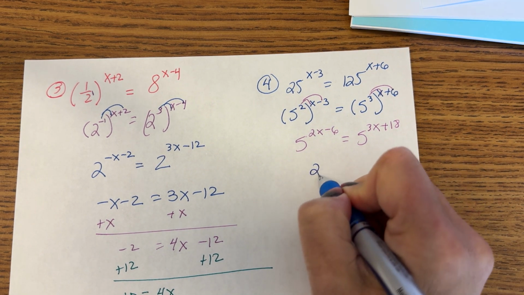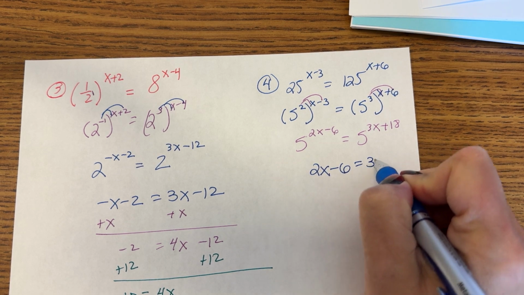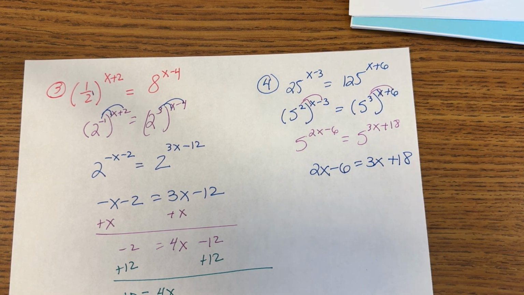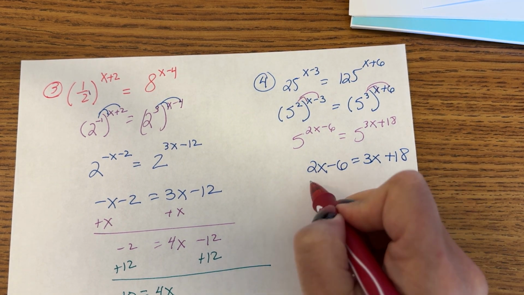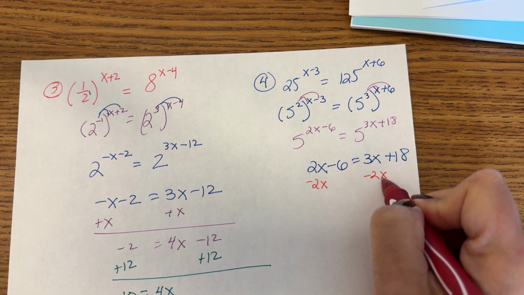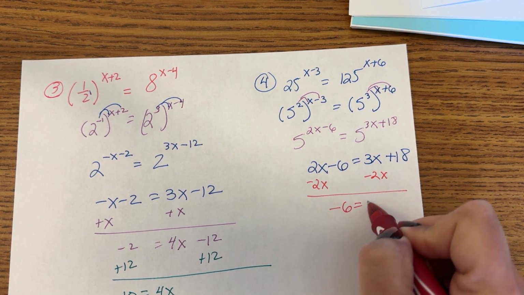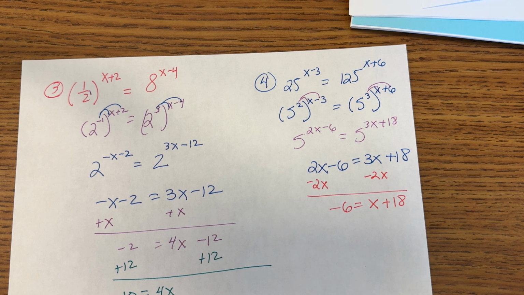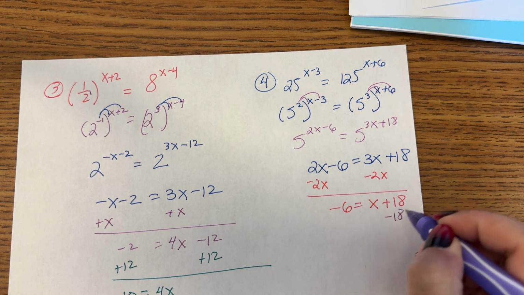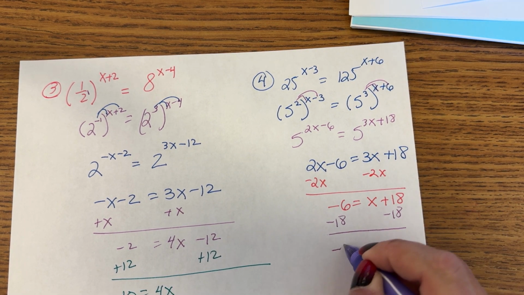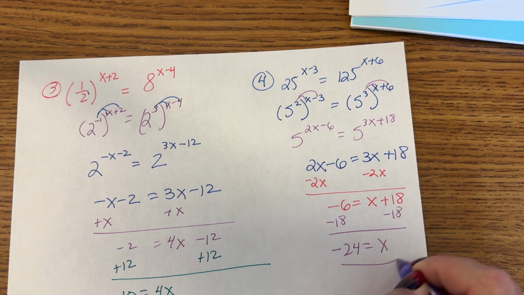Set the powers equal. I'm going to subtract 2x to the right. Subtract 18 to the left. And that's our answer.